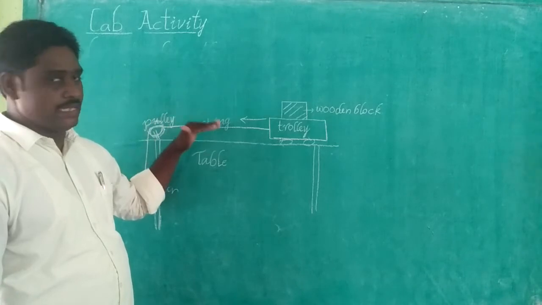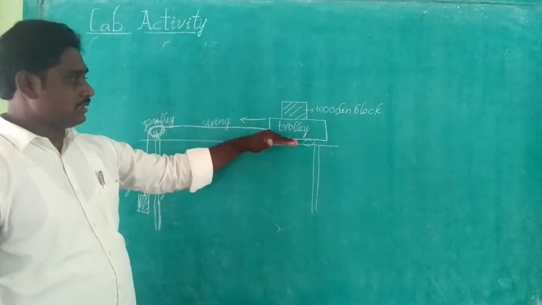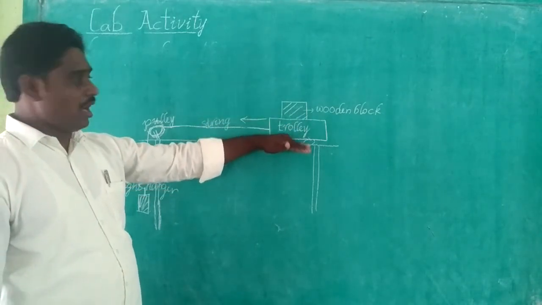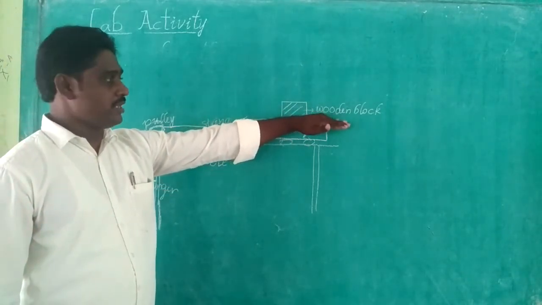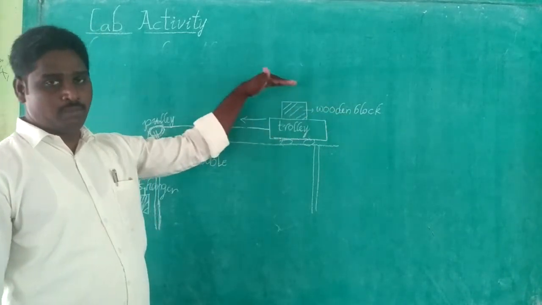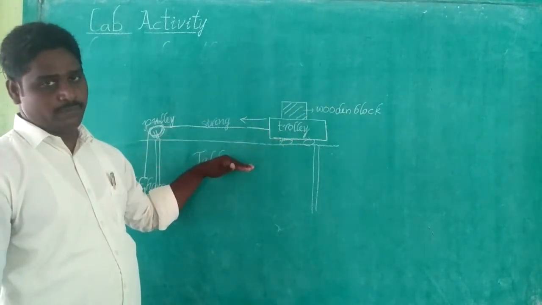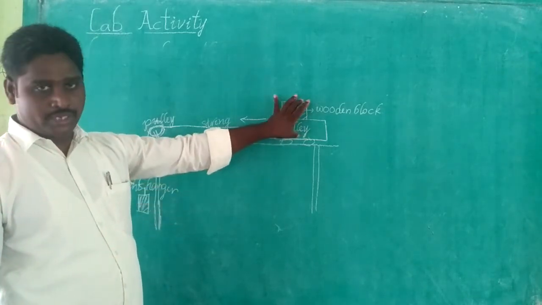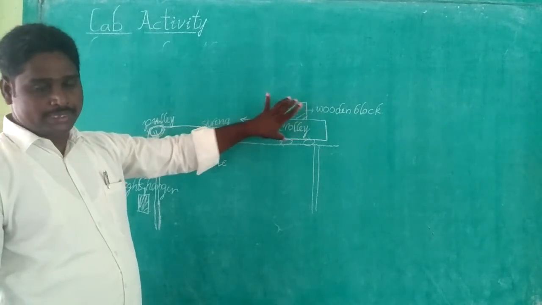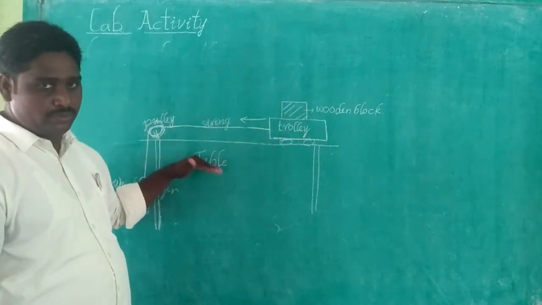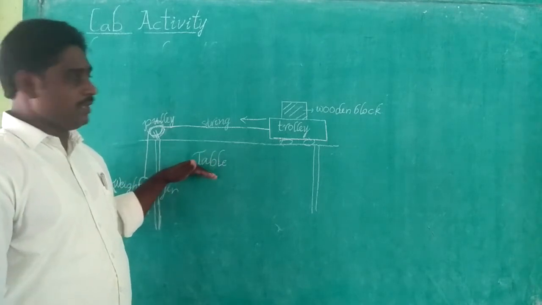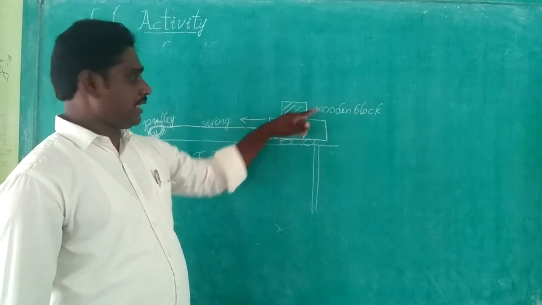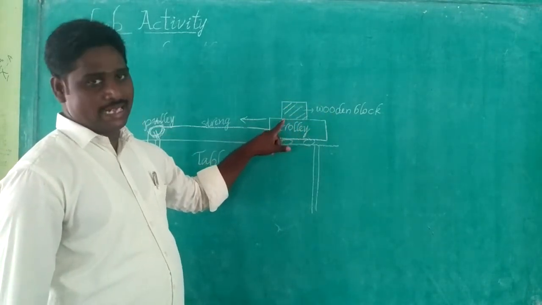With respect to the table, this trolley is in motion, and also the wooden plank is in motion with respect to the table. Okay, students, once again, the trolley along with the wooden plank are in motion with respect to the surface of the table. But here the wooden plank is at rest with respect to the surface of the trolley.